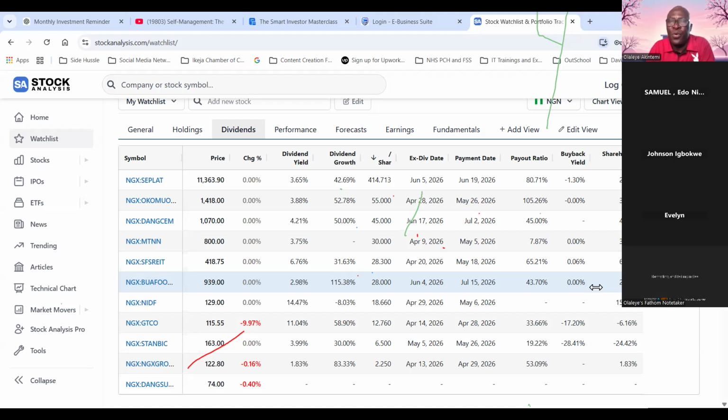But I always tell people, don't buy from stockbrokers. If you have the opportunity to buy from NGX Invest, buy from NGX Invest. Can anybody tell me why it is better to buy from NGX Invest than to buy from any stockbroker?